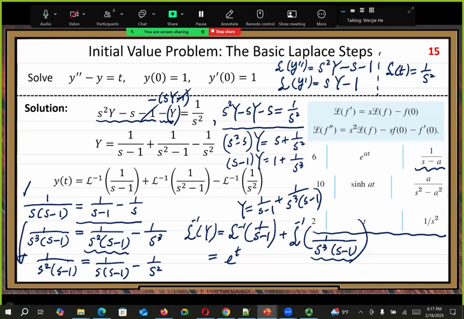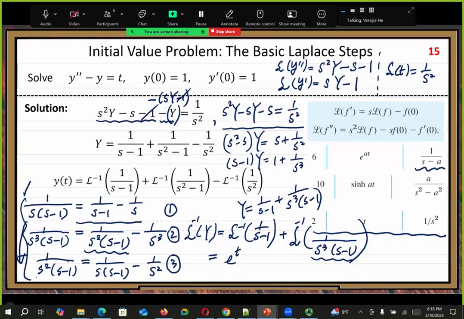So we have 3 formulas. You see? 1, 2, 3 formulas. Can we add up these 3 formulas? Both sides adding up.